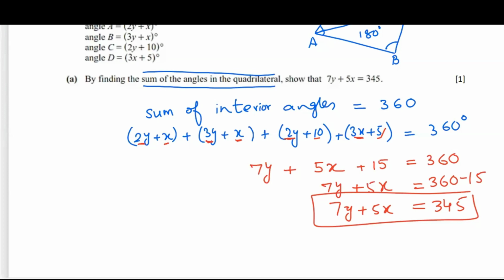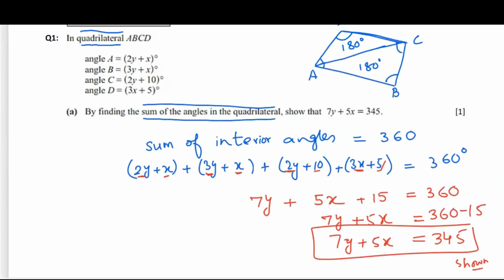Now we have shown this. So basically there's a long working because I'm trying to give an idea how to form a linear equation from this information, but you can do this in 1 or 3 steps.